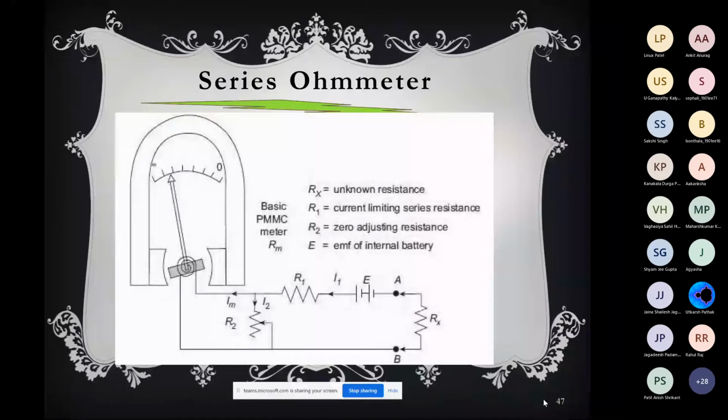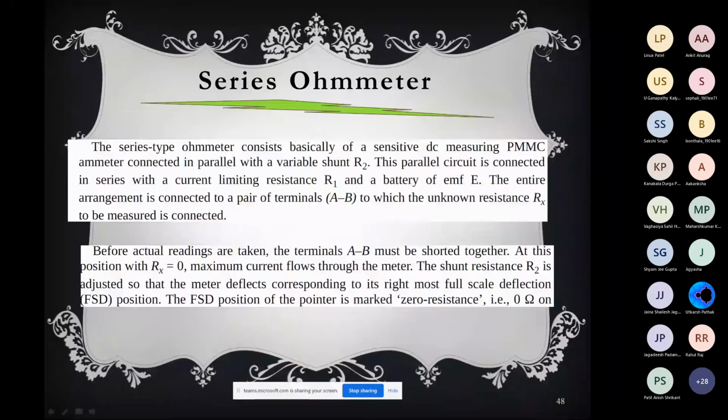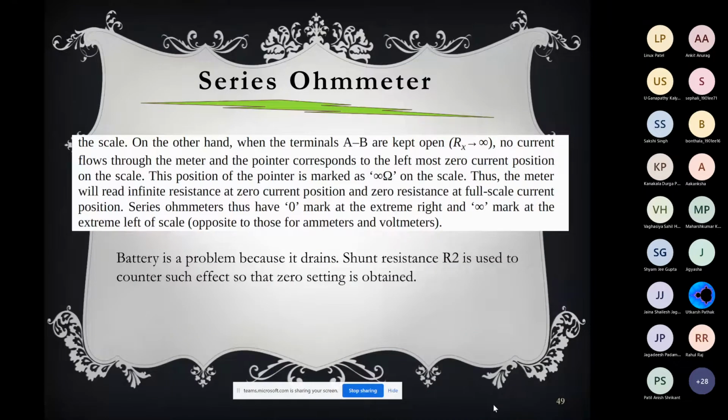Let's proceed. When terminals A and B are kept open, Rx is infinity, no current flows through the meter, and the pointer corresponding to the leftmost zero current position on the scale you have to mark with infinity. Thus the meter will read infinite resistance as zero current is coming inside the meter, and the full scale position will be marked as 0.